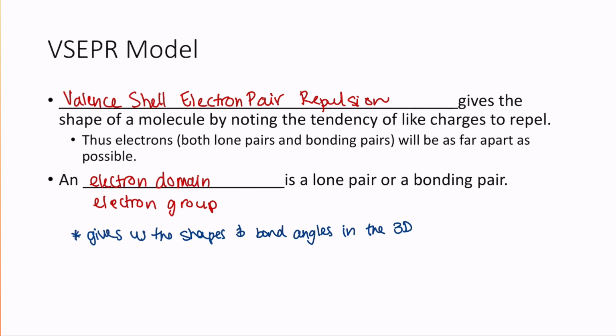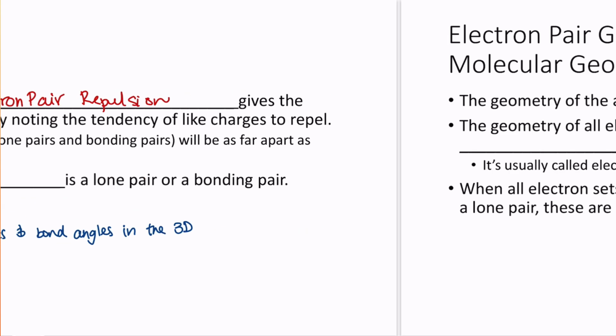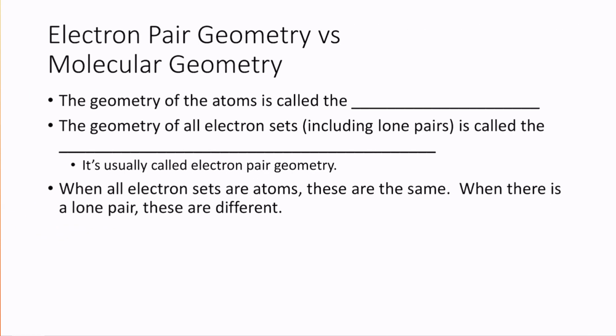And it does that by essentially getting those electron pair groups away from each other. The geometry of the atoms in a molecule is called the electron pair geometry.